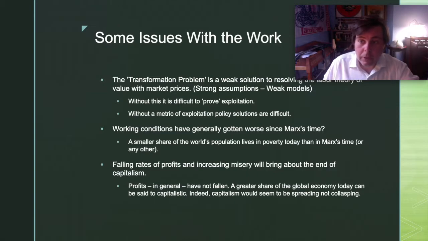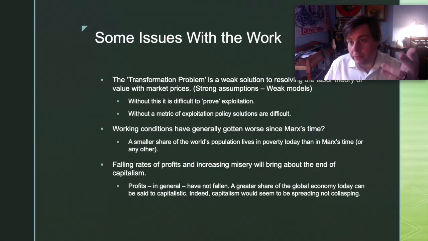Well, now we have the basis for compensation. Now we have a basis for understanding what the exploitation is. And without that metric, it becomes very difficult to really do much besides say there's a problem.